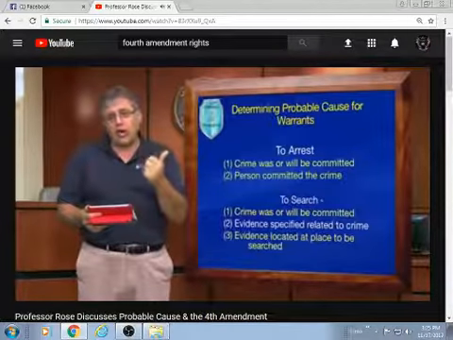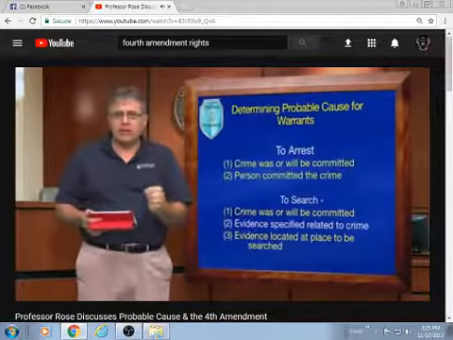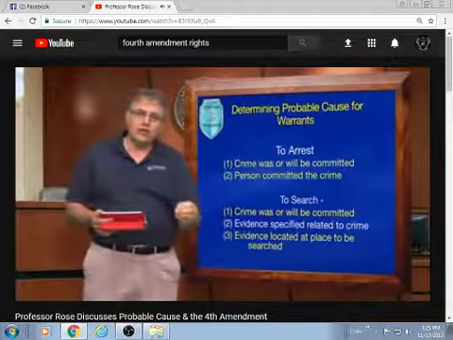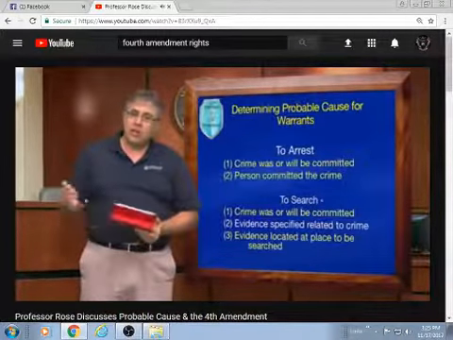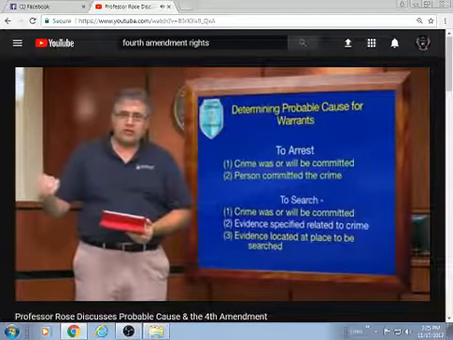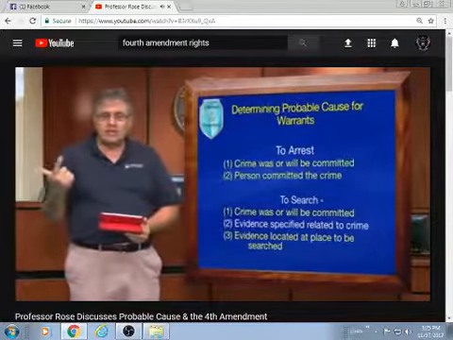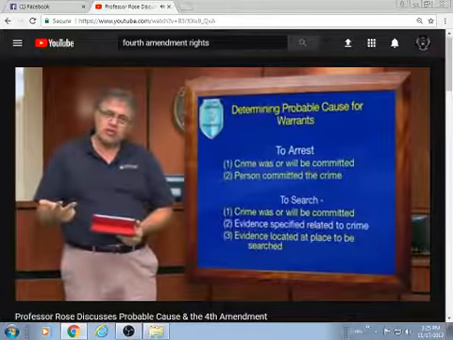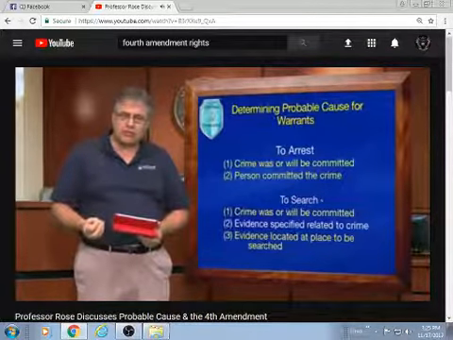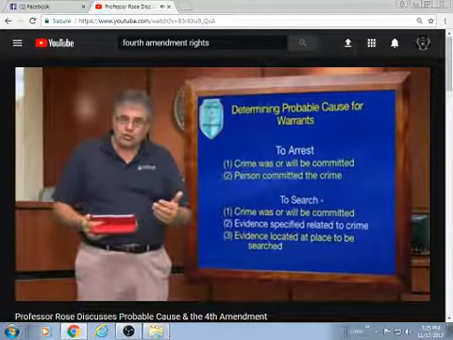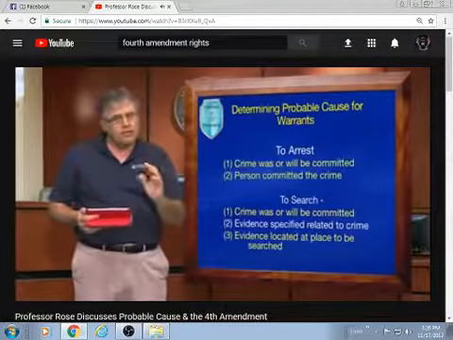I've got to show that a crime was or will be committed, and that the person that I wish to arrest is the individual who committed that crime. And I've got to show all that to the reasonable belief standard using the quantum, the quality, and the timeliness of the information. It's got to be information that there was a reasonable belief in its accuracy. Now, to search, it's a little bit different.